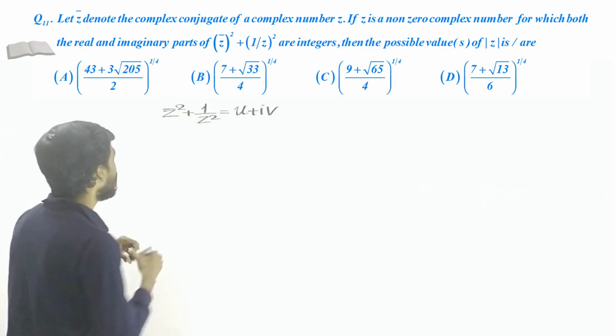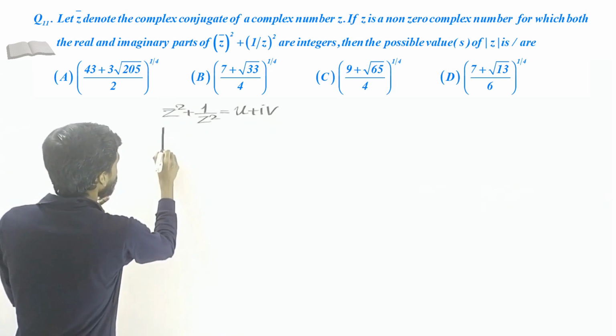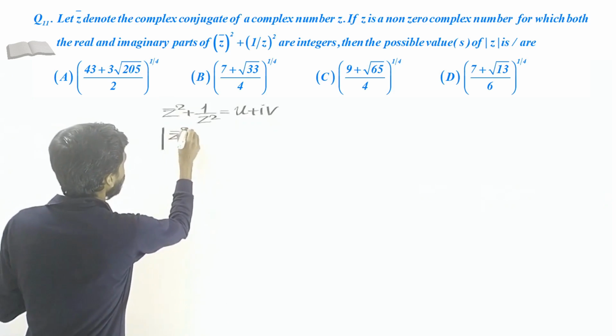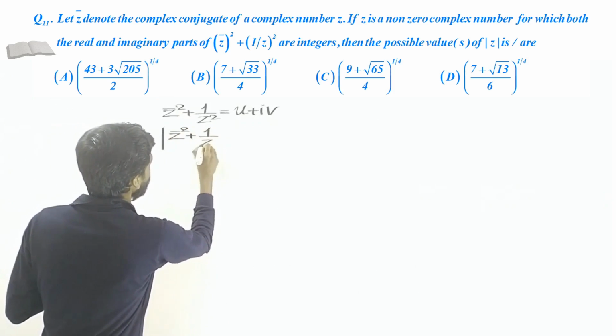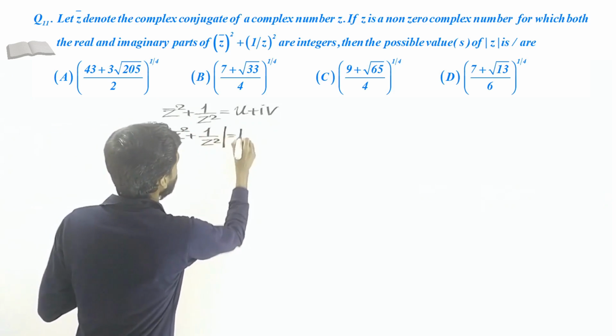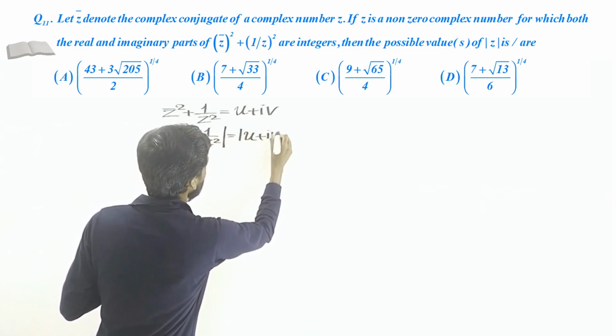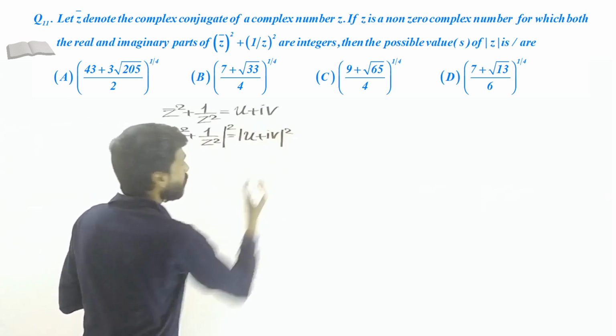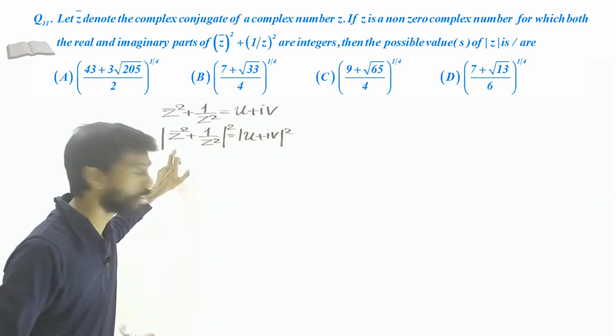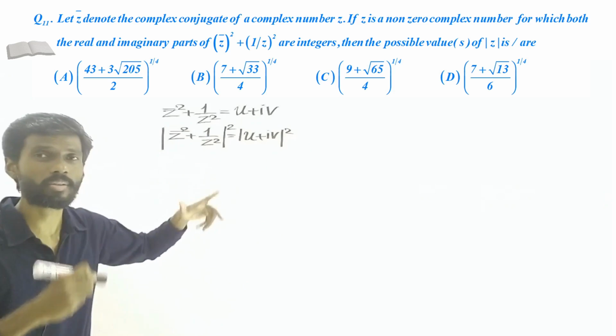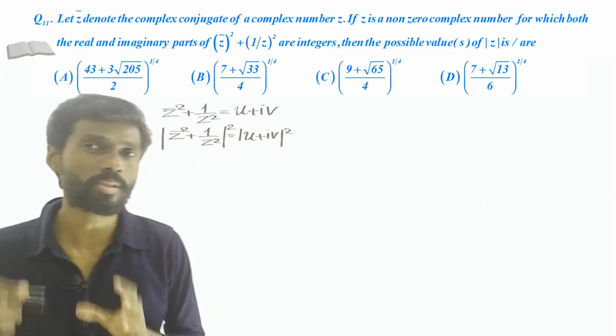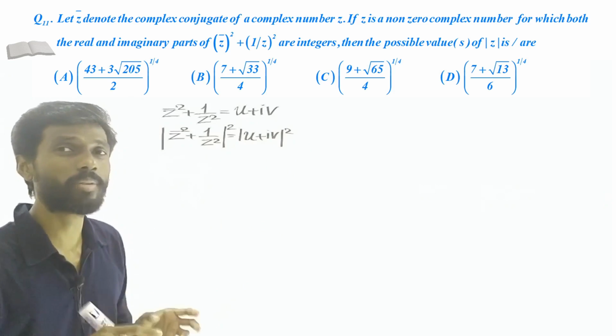So what we do is, let us take the modulus of this, right, because we have to find the modulus. So you take the modulus, so z square, so that equals modulus of u plus iv, okay, square it. See, we have the formula, right, so it is modulus of z1 plus z2 square, so that is mod z1 square plus mod z2 square plus 2 times real part of z1 z2 bar, right.